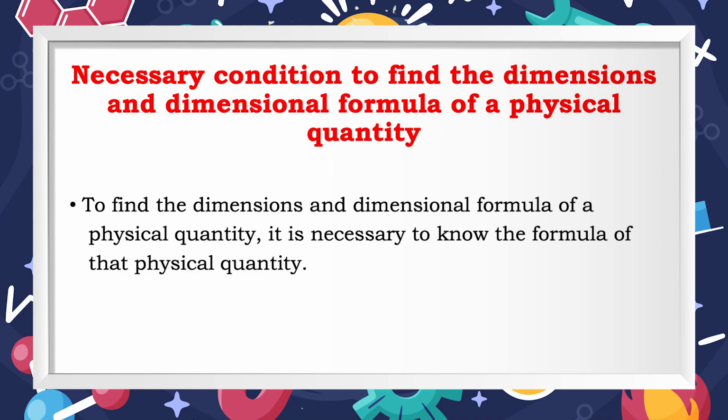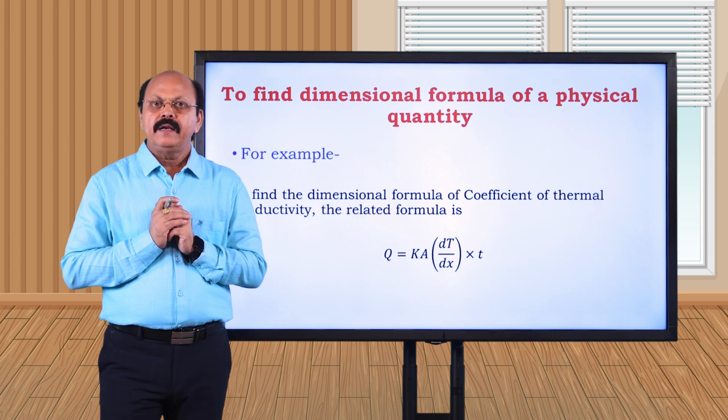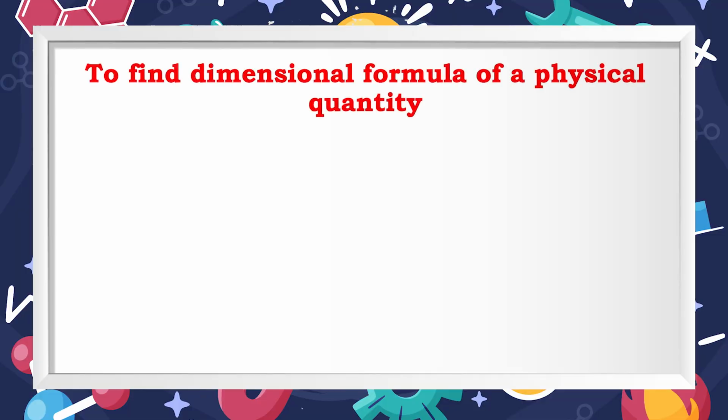Obviously, it is necessary to know the formula of that physical quantity. If we know the formula, then we can find its dimensional formula. Now, we are well trained to find the dimensional formula of any physical quantity if we are provided with its formula.